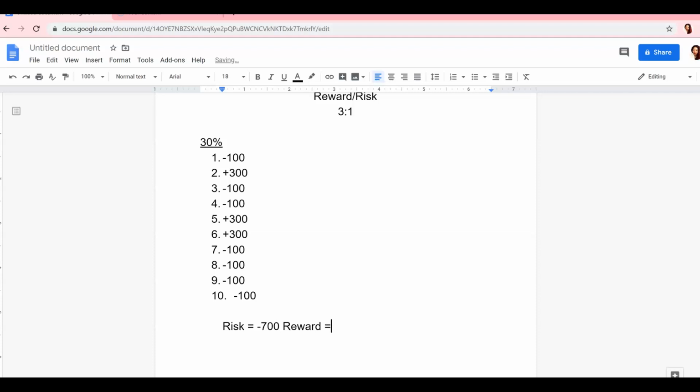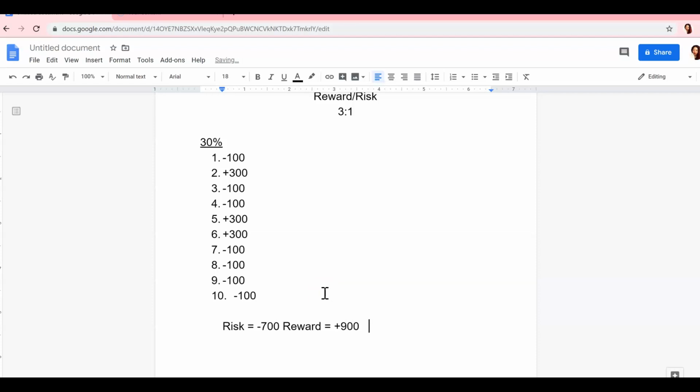Our reward is 1, 2, 3. So we're up 300 here, 600 here, and 900 here.